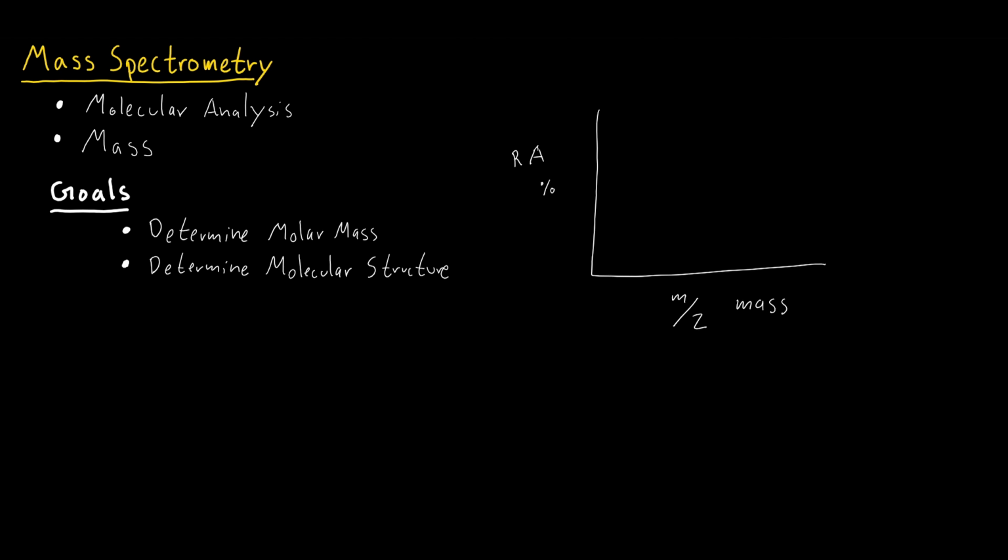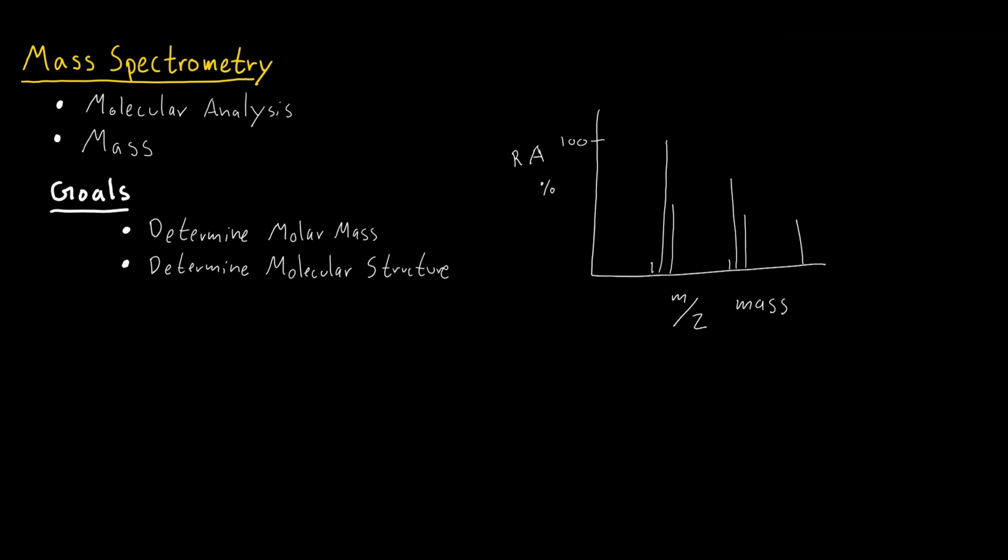These graphs have peaks, with the highest peak being at a relative abundance of 100, and all the other peaks being smaller than that. So a graph could look something like this, with here we have 5 peaks. Usually there's a lot more smaller ones in random places.